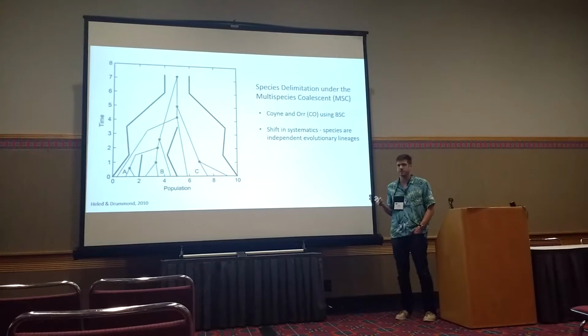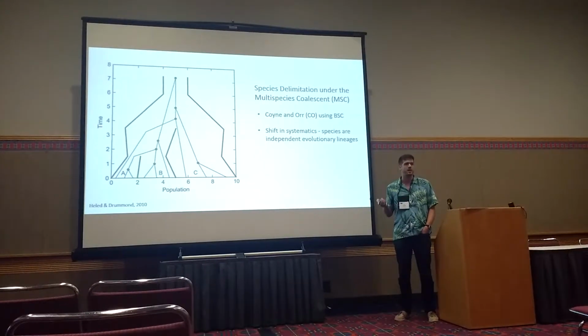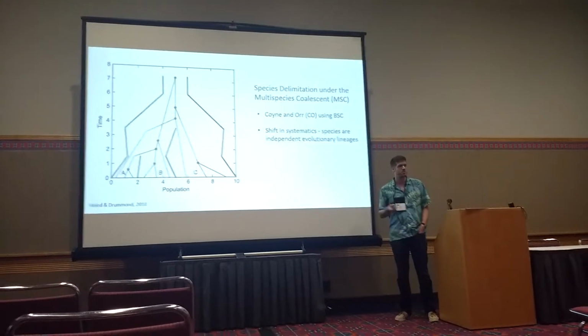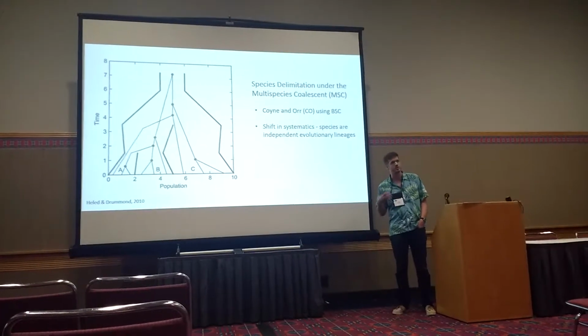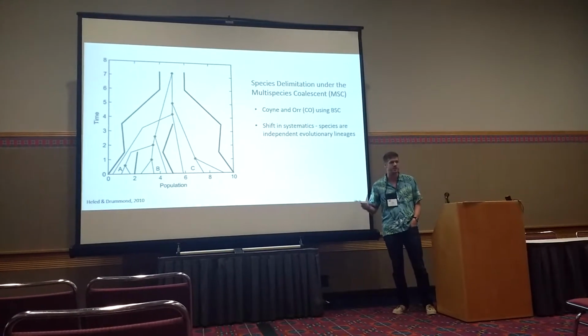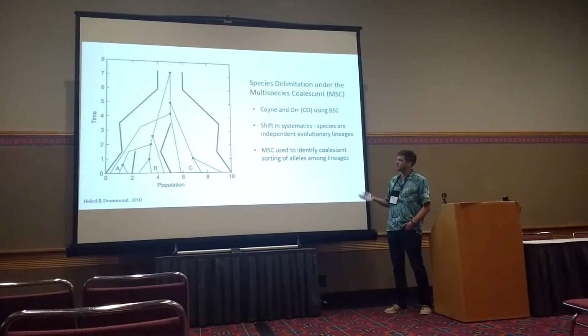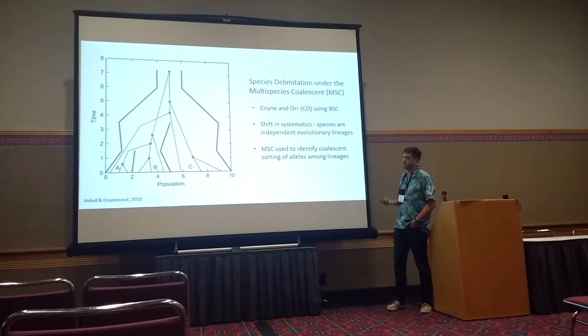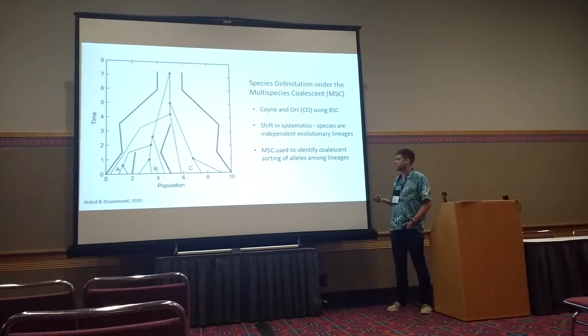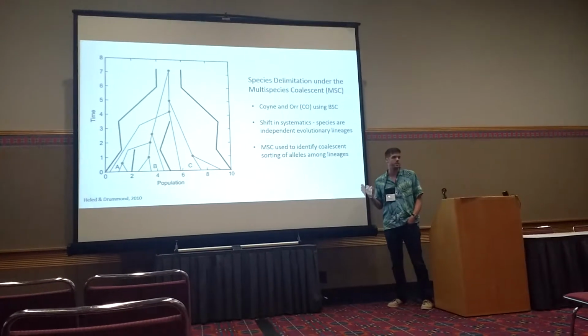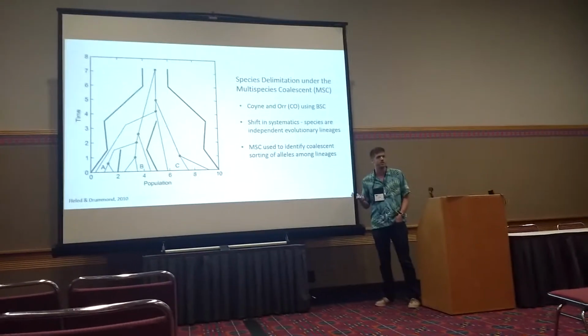And we've seen this shift in systematics over the last decade or so, cited mostly by de Queiroz's work in the late 90s, early 2000s, of a species as an independent evolutionary lineage. In that same vein, more recently, we've had the MSC, the multi-species coalescent, provide a way to identify independent coalescent lineages based on sorting of alleles.